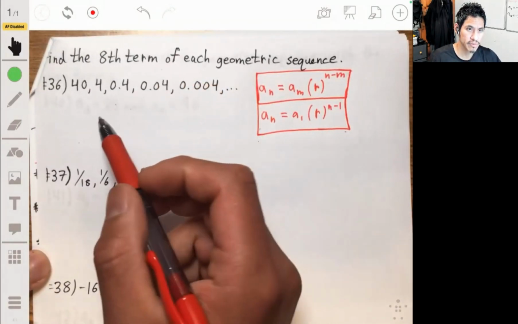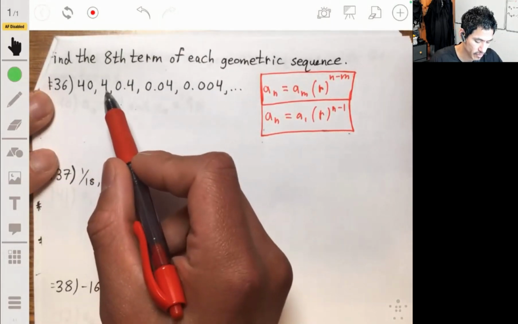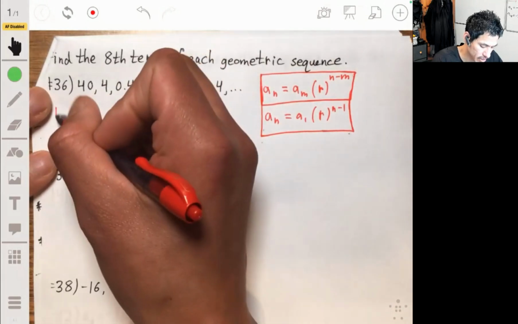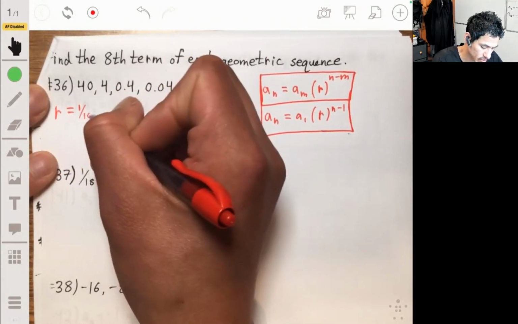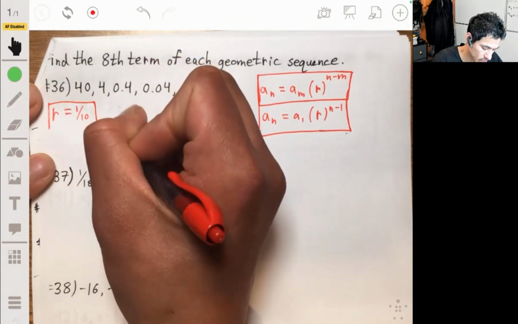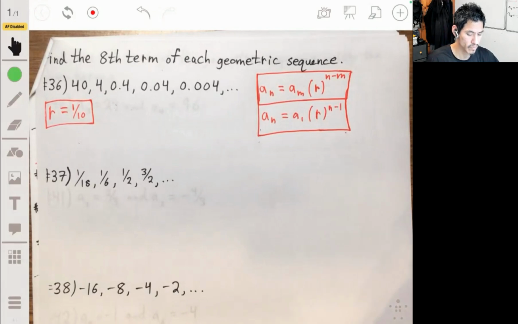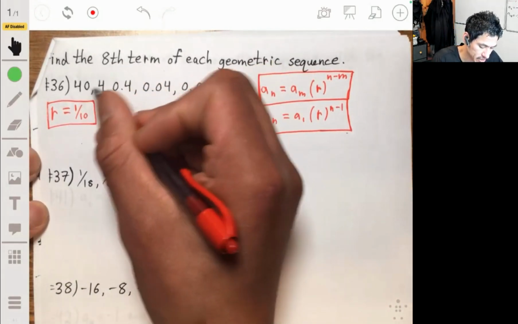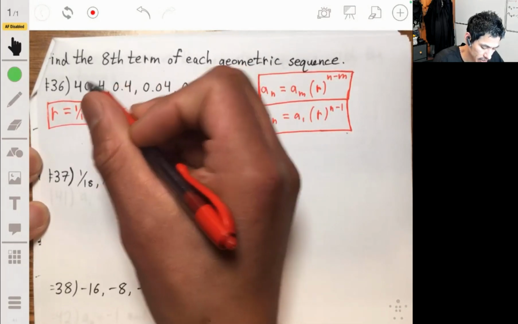Okay, so let's look at the first example here. We go from 40 to 4 to 0.4. So the common ratio here is 1/10. Now remember, if you can't see it easily, you can just divide any term by the term right before it.